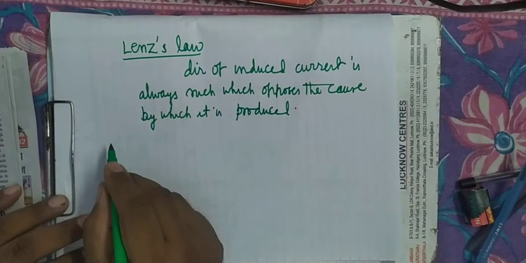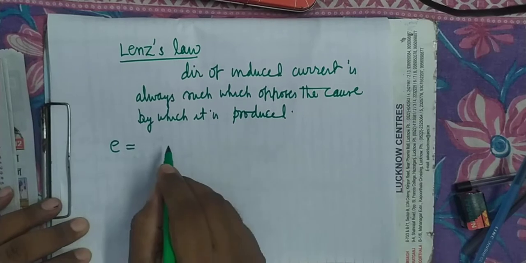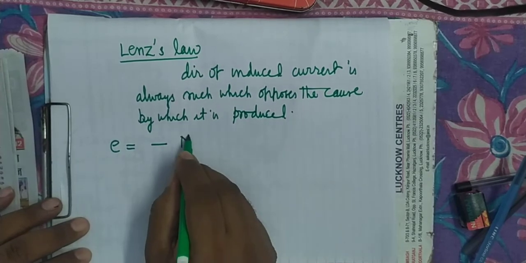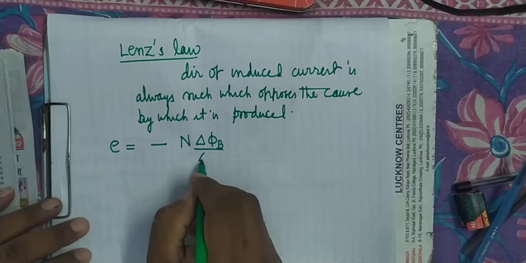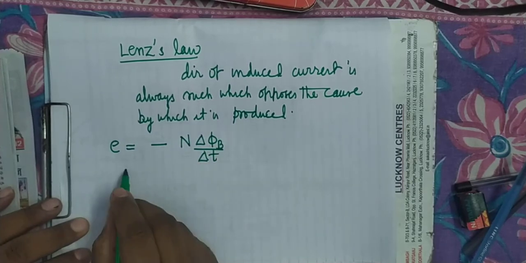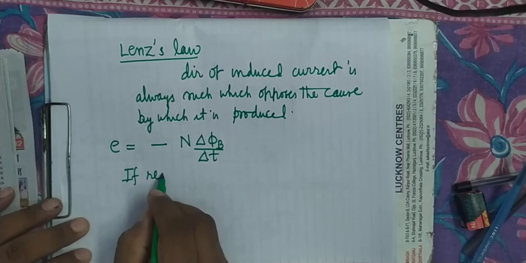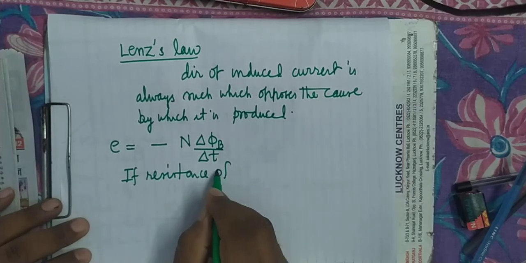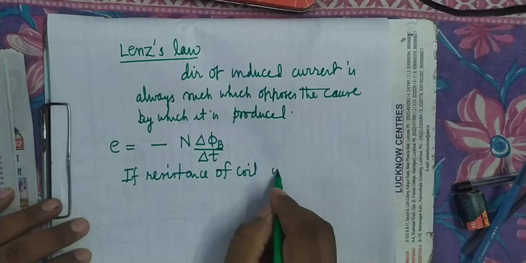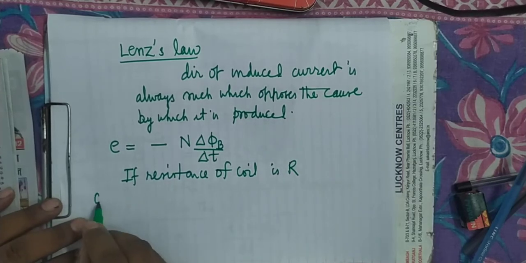What is the induced EMF? Induced EMF equals minus N delta phi B upon delta T. If the resistance of the coil is R, then the current will be what?